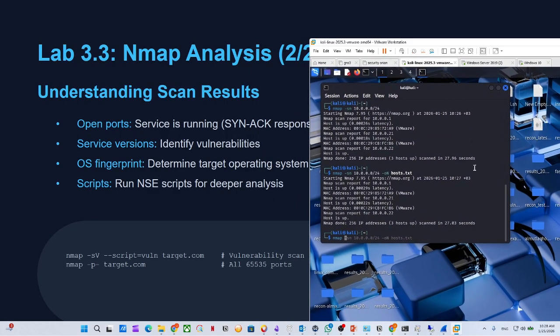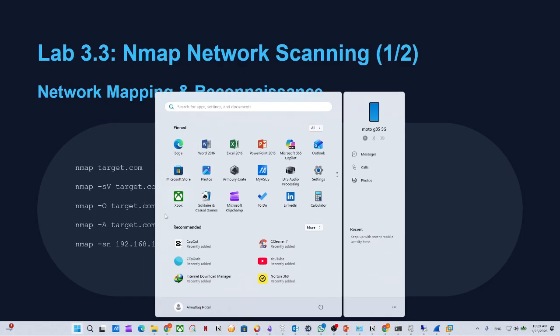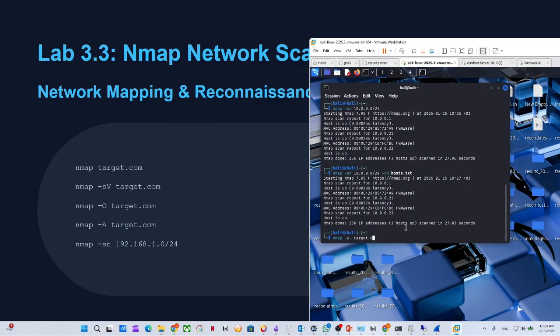So now we know that 21 is the server, so let's go ahead and check. Let's do an nmap scan. And nmap -p target.com. But before doing that, I want to actually do this one, the normal scan. Okay, -sV scan 10.0.0.21.